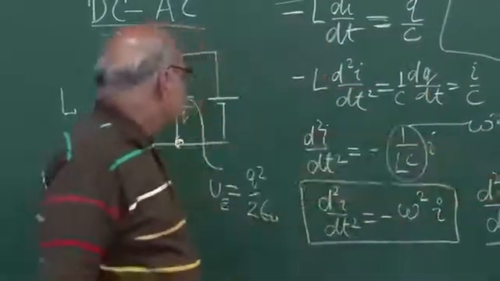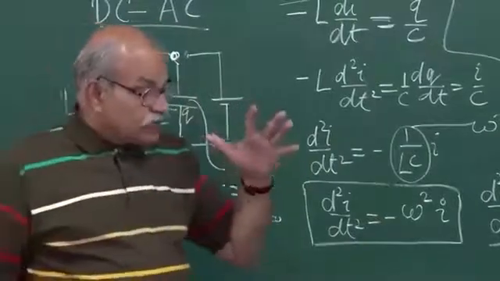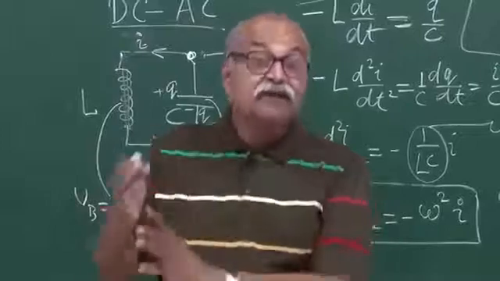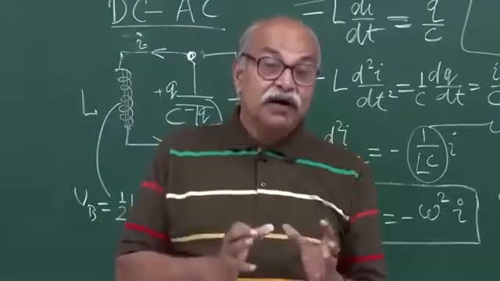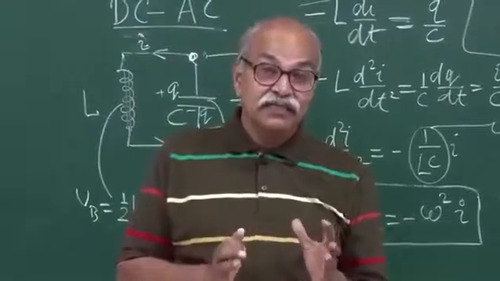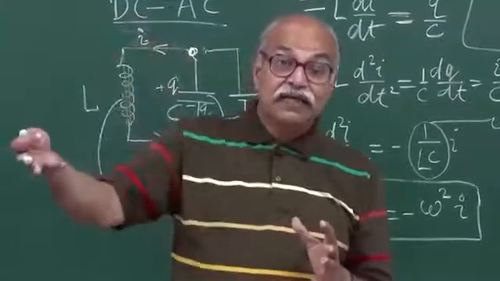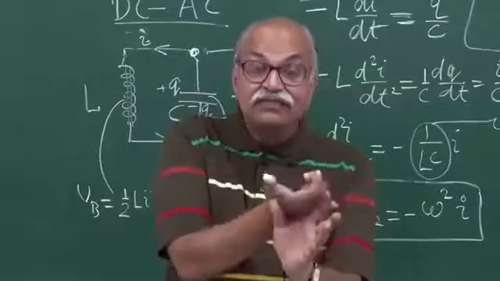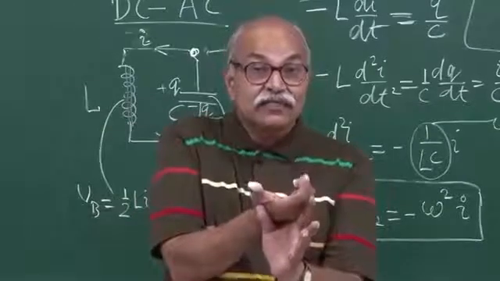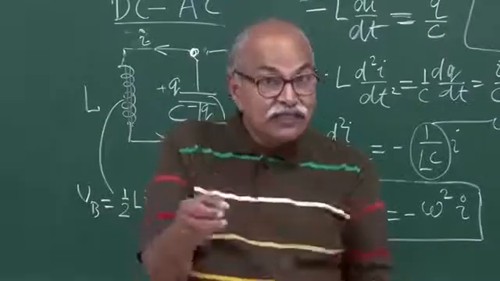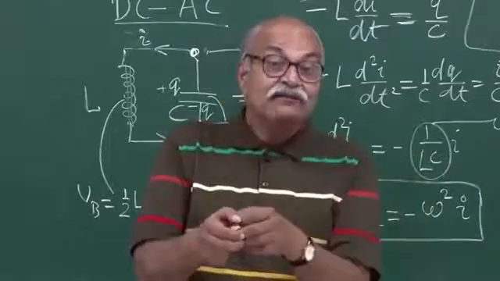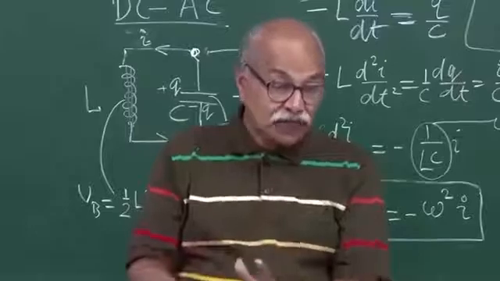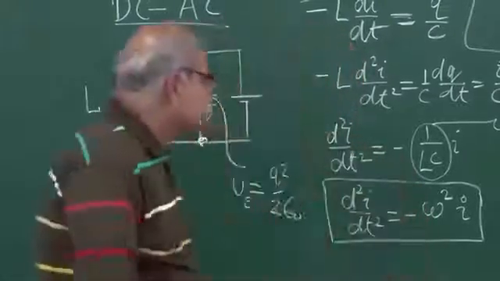Hence, to design the oscillator, you need some amplifier where part of the signal is amplified, and then part of it is again sent to this oscillating circuit unit, so that whatever is lost is exactly compensated, and then you have a constant voltage supply. So that is the other part.